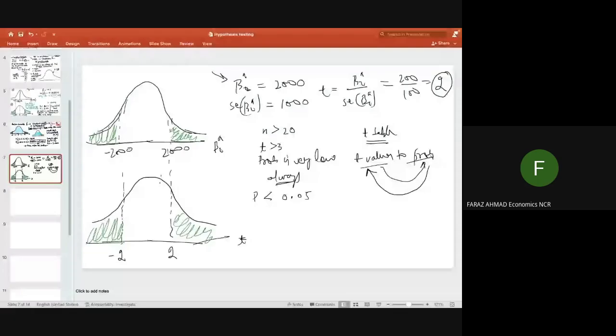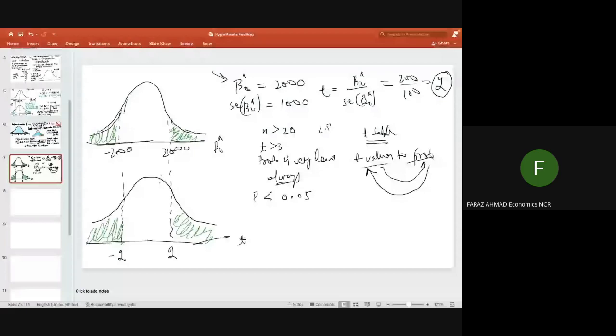So there is only 5% area in the tails when t value is greater than 3, right? Or 3 is a big number. In fact, if it is greater than 2.5, right?